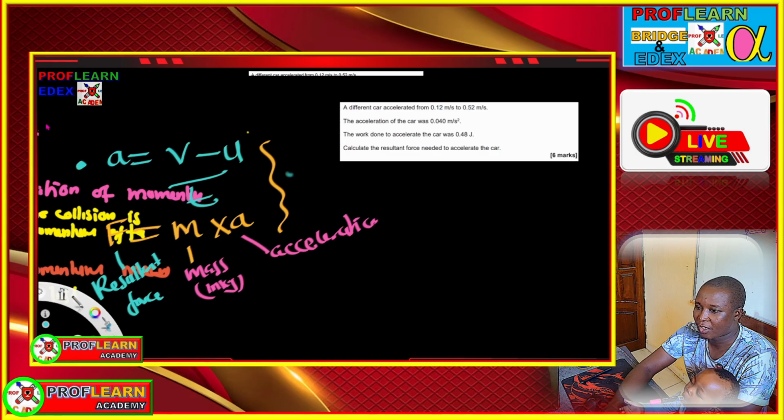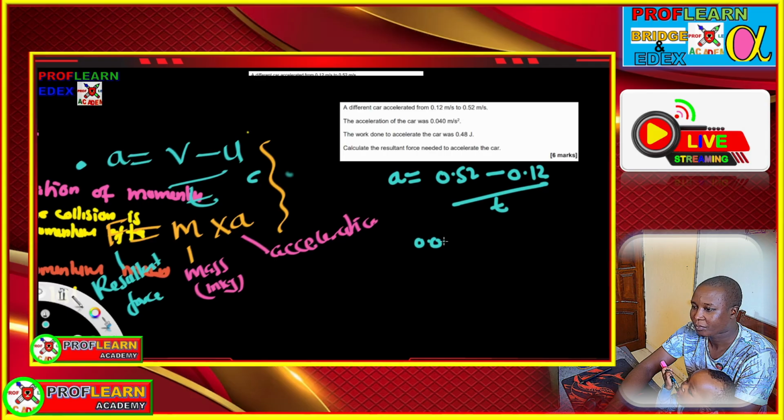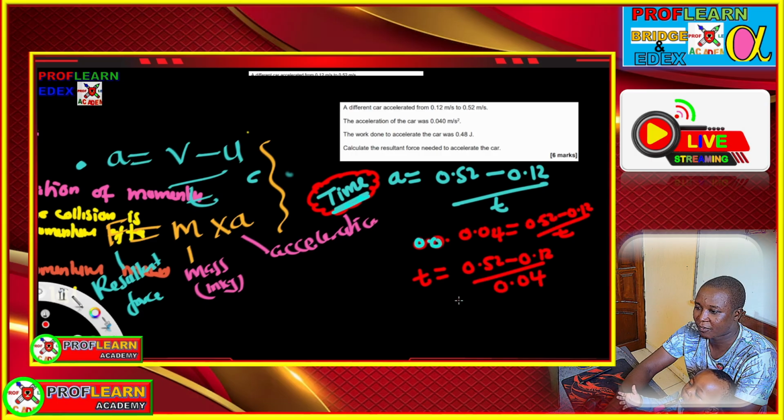Then if you are given the initial velocity, final velocity and acceleration, you can work out the time. We are given final as 0.52, initial as 0.12, and acceleration as 0.04, so we can find the time. If we substitute, our time is going to be 1 second.